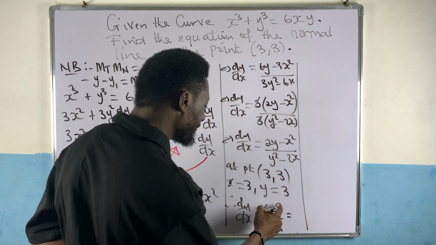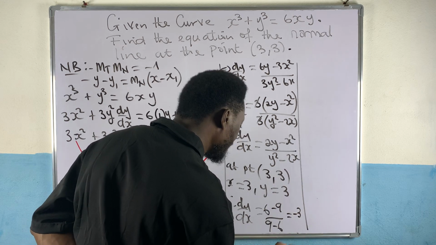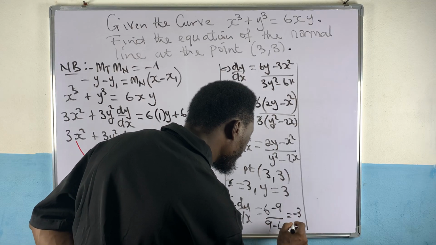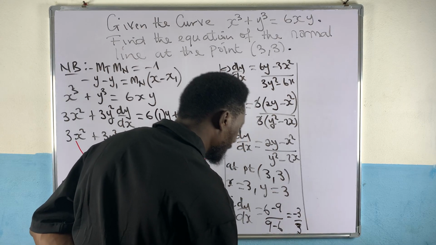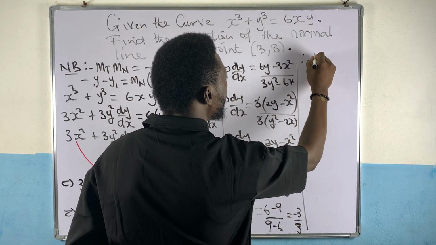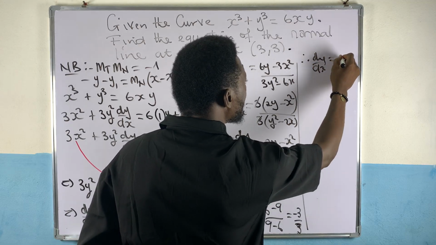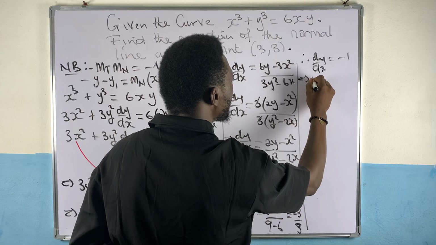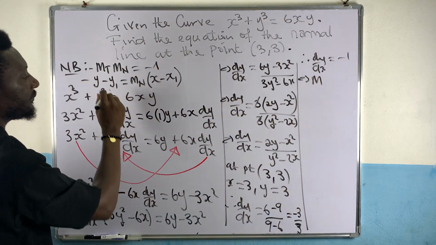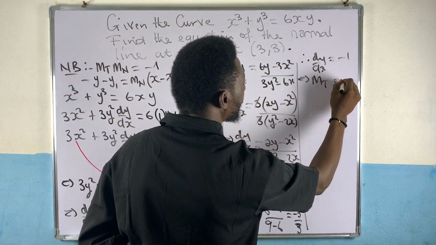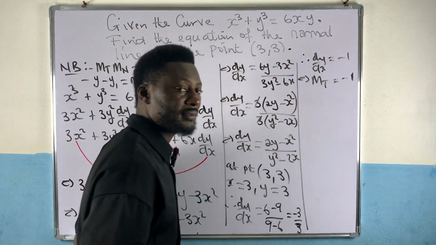So that gives me 6 minus 9 is negative 3, over 9 minus 6 is 3. So therefore, my dy/dx is negative 1. This implies the gradient of the tangent is negative 1.